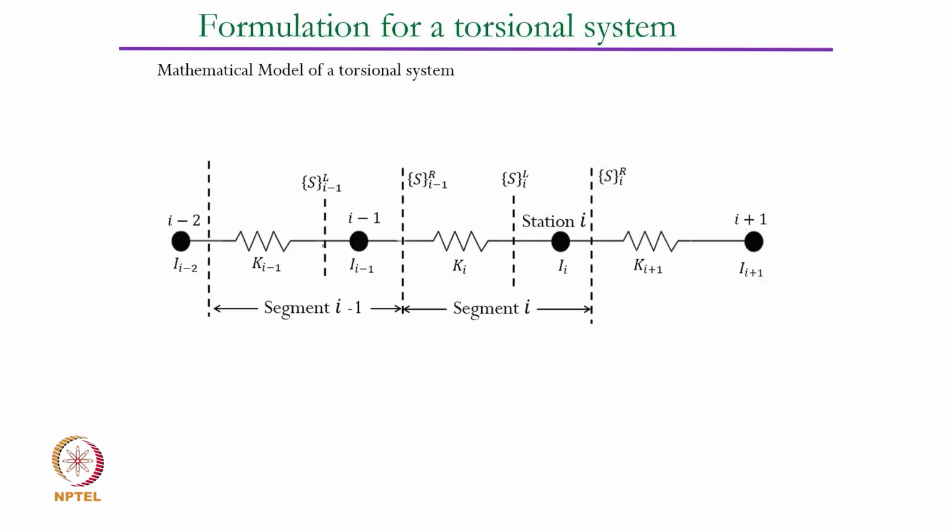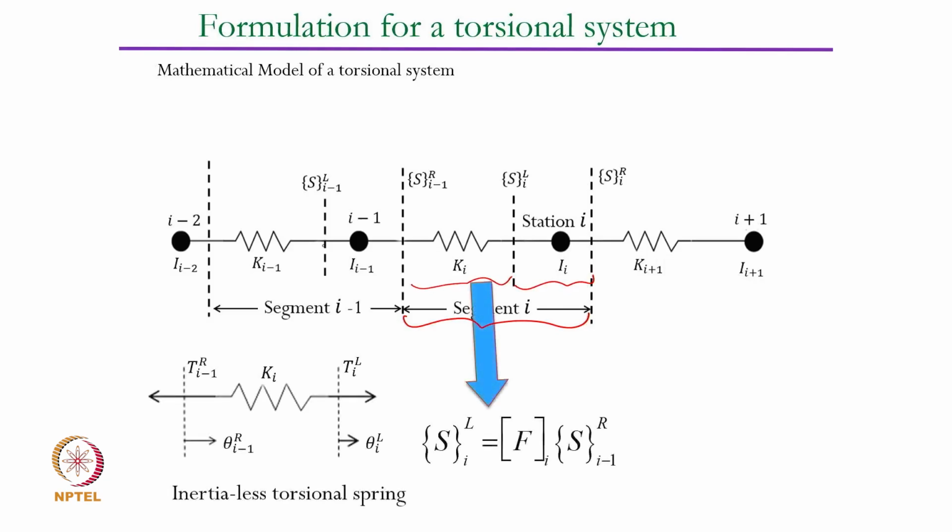Now what we have is that our segment was this segment, which we subdivided into inertia part and the stiffness part, and then we got the relationship between this state vector and this state vector through a matrix called the field matrix, and therefore SLI was related to SRI minus 1 through this field matrix.